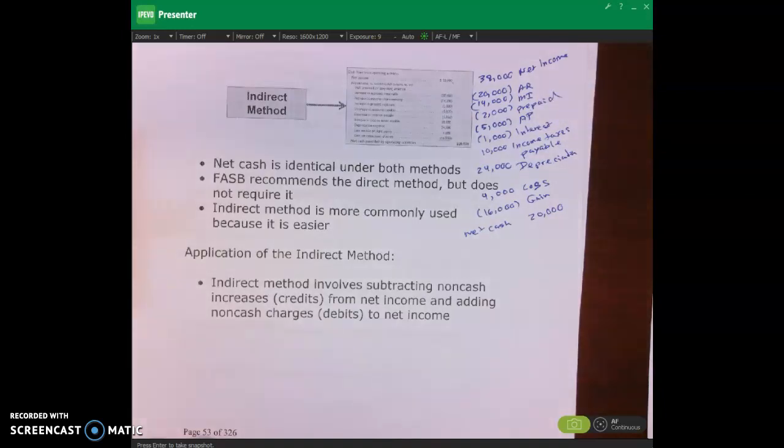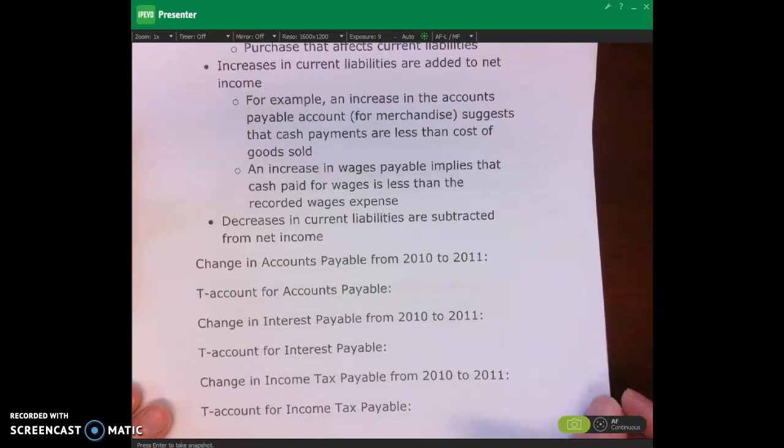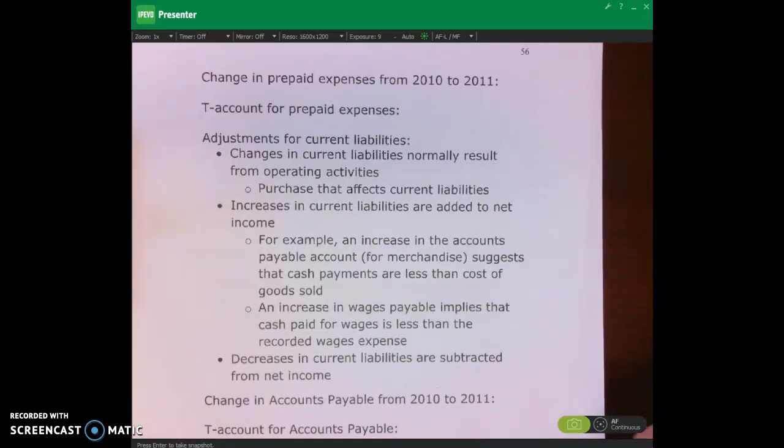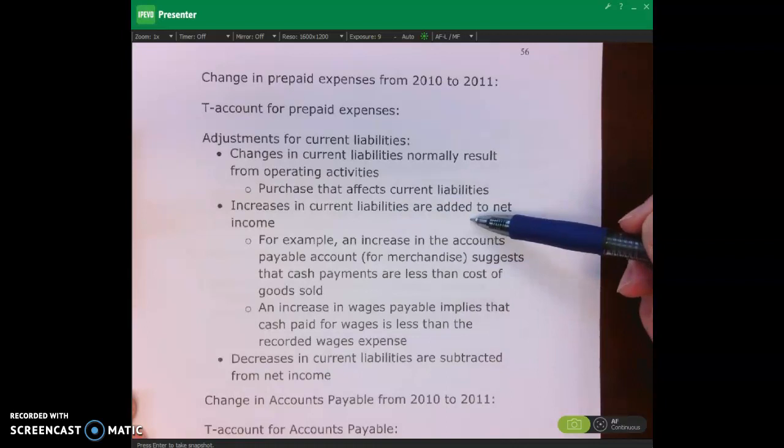Now let's talk about our current liabilities. When we talk about our adjustments to current liabilities, we have a different rule. The rule is actually flipped. An increase in current liabilities is added to net income.